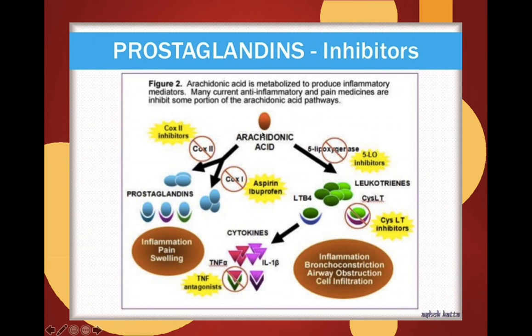So when you have an injury, arachidonic acid is pulled out of the cell membrane, and we have enzymes that can convert arachidonic acid into prostaglandins. And when they convert them to the PGs, the prostaglandins, you can get inflammation, pain, and swelling. So we have these COX-1 and COX-2 pathways. There are many drugs that are COX-1 or COX-2 inhibitors that can block them.